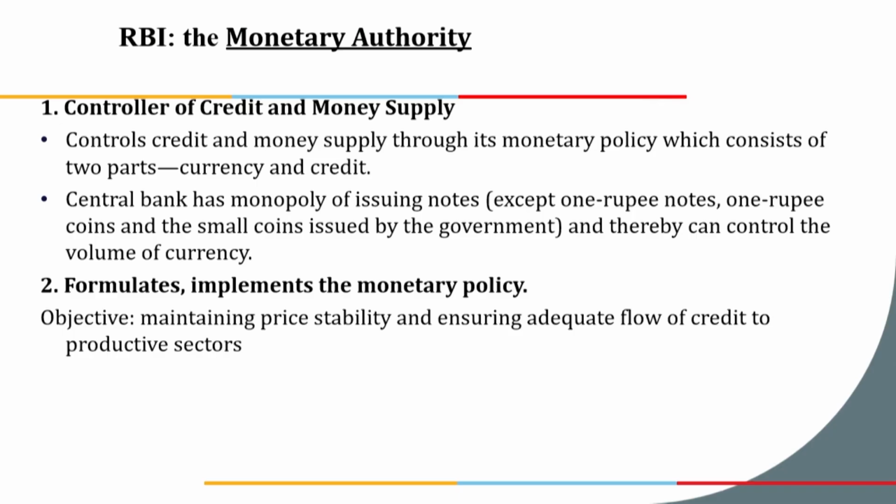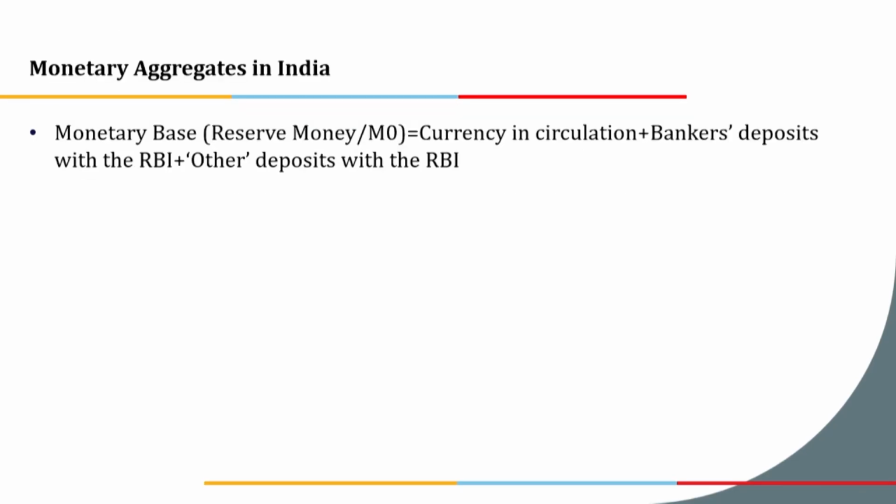For example, we have seen open market operations and discount loans. We have seen it generates reserves within the banking system, through which it finally affects the money supply. So it formulates and implements monetary policy, that means maintaining price stability and ensuring adequate flow of credit to productive sectors. So this is a quick overview of what we discussed in one of the previous sections.